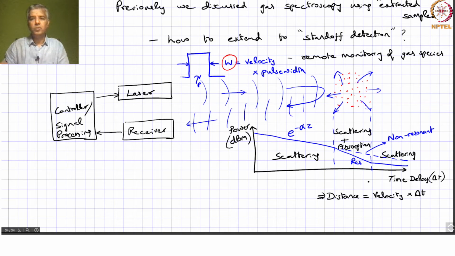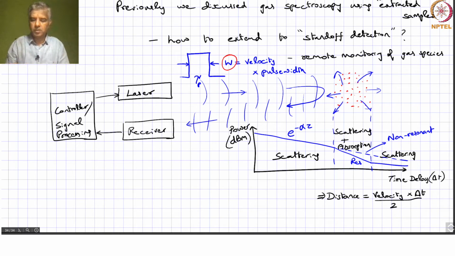But if you want to identify the location from which this reflection came, you have to divide that by 2, right? Because it's gone and come back. That's what this time delay corresponds to.